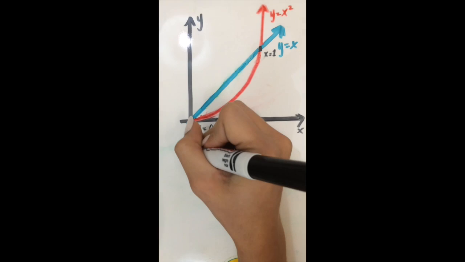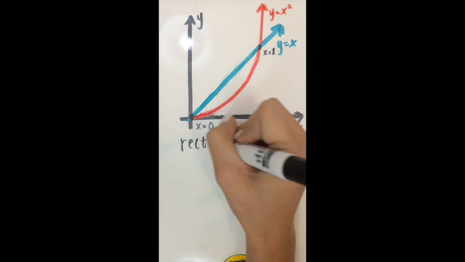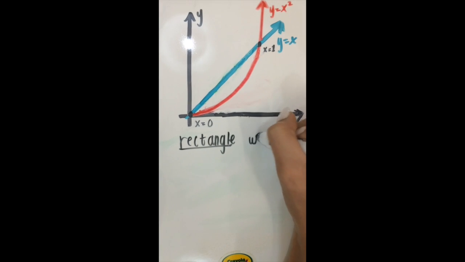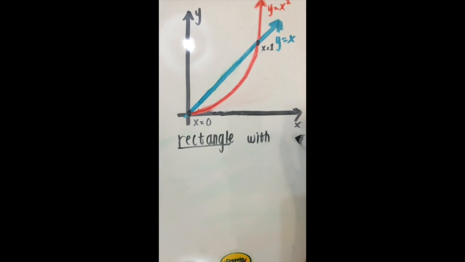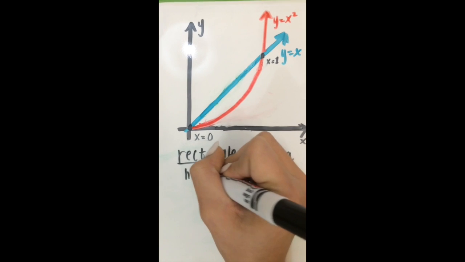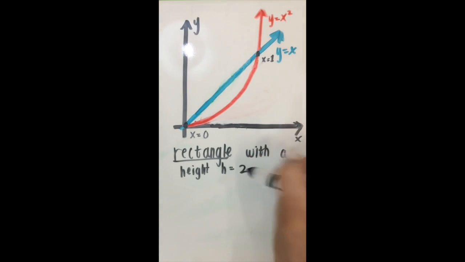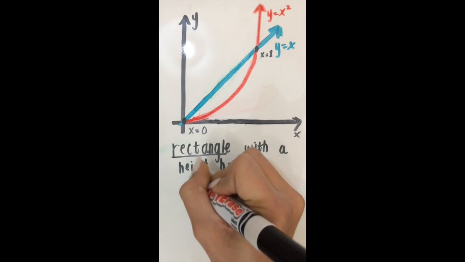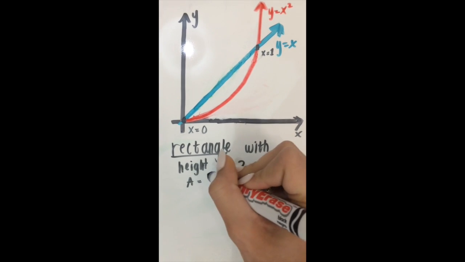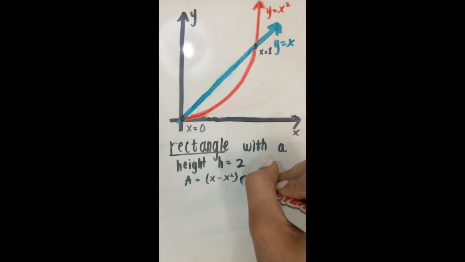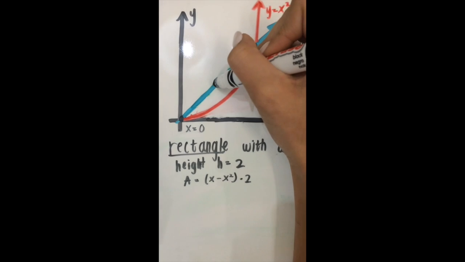Now let's say you're asked to find the volume of the solid by using the cross-sections of rectangles with a set height of 2. Now normally, the area of a rectangle is defined by length times width. In this case, length times height. And the height in this scenario is set at h equals 2. And the length is set by the upper curve minus the lower curve, the upper curve being y equals x and the lower curve y equals x squared.